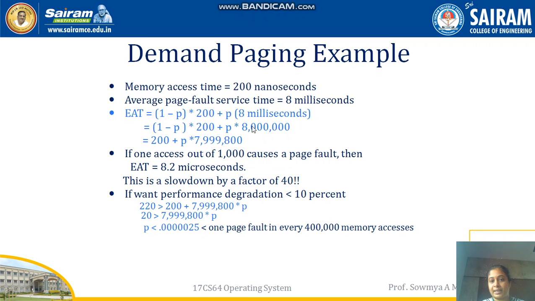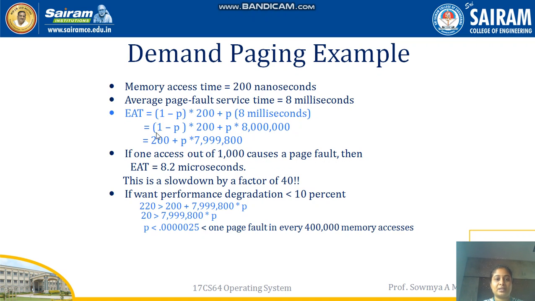8 milliseconds is converted to 8 into 10 power 6 nanoseconds, which is 80 lakhs. So the p value is constant. We don't know the p value, so keep the p as it is.